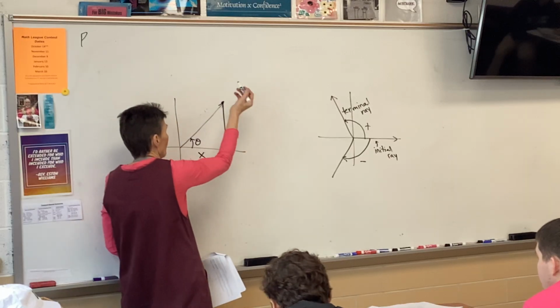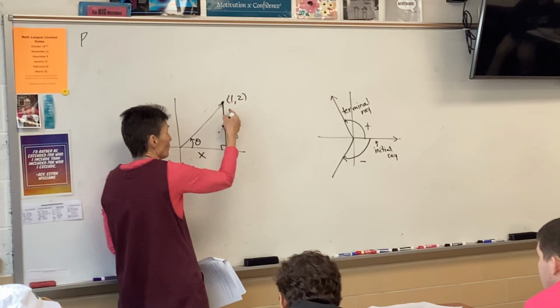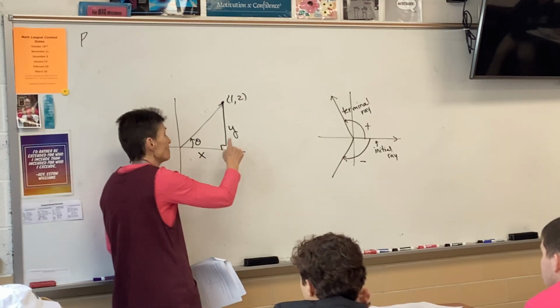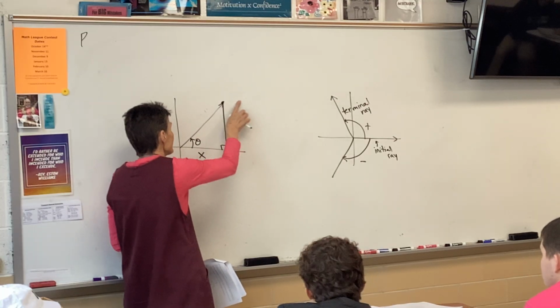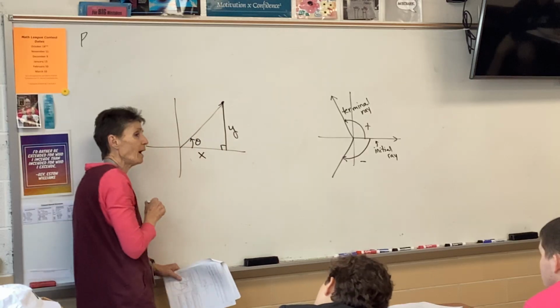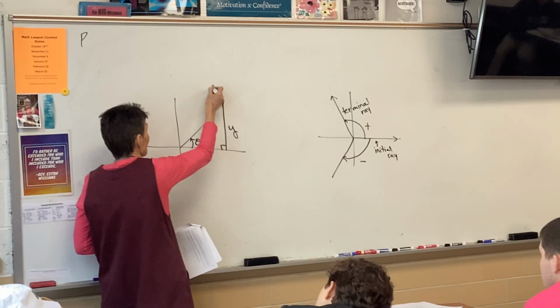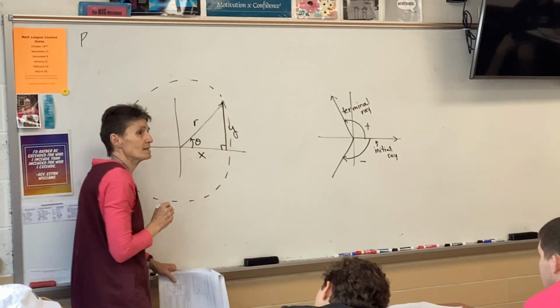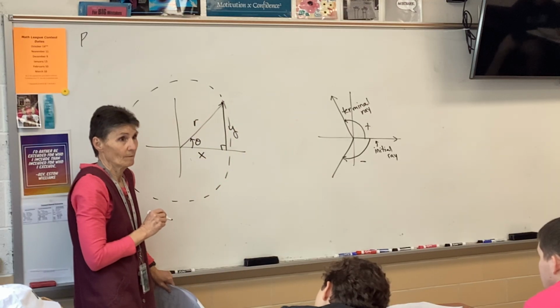So if this is the point, I'll just make something up, if this is the point (1, 2), then this would be 1 and this would be 2, right? And this side we call the hypotenuse, but it can also be considered the radius of our circle.